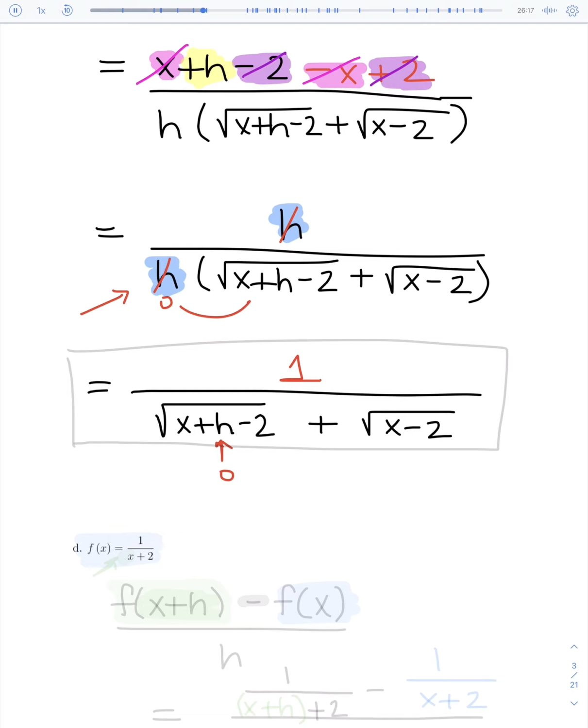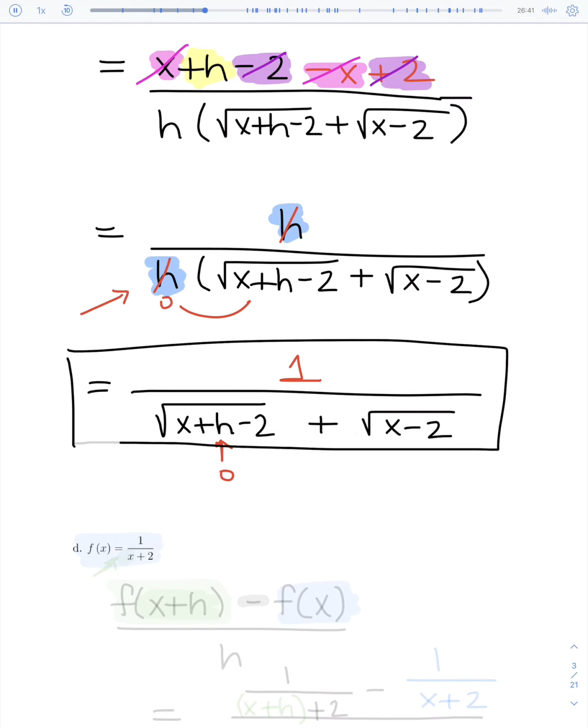And that's going to give you a preview of what you'll do in calculus. You'll want to be plugging in 0 for the h. That's why that solo h that always starts out on the bottom has to disappear at some point. So your final answer is 1 over the square root of x plus h minus 2 plus the square root of x minus 2.